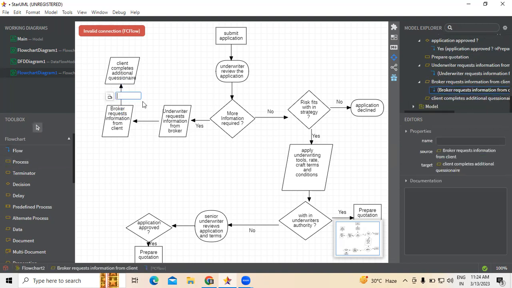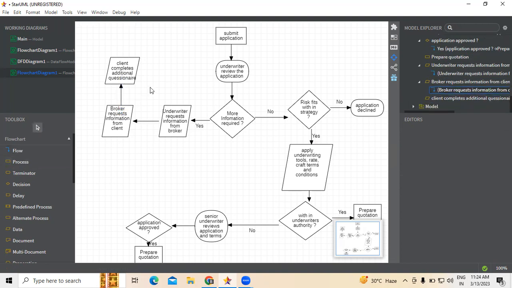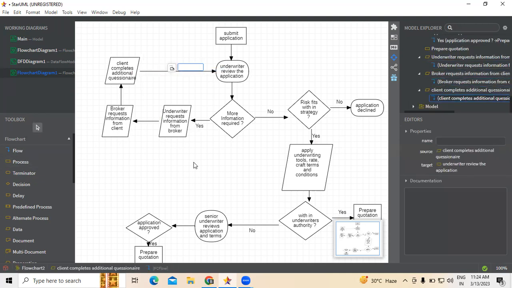The client has to give the additional information, and from there the underwriting process continues. This is generally the process.